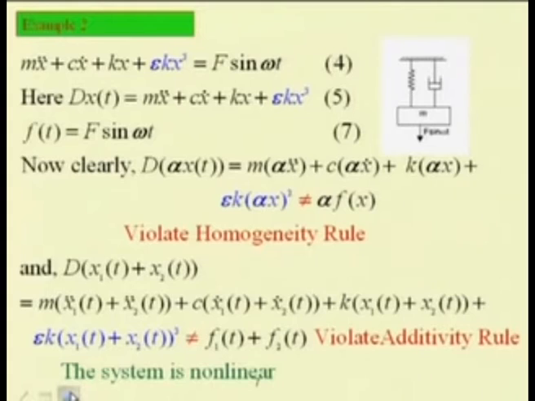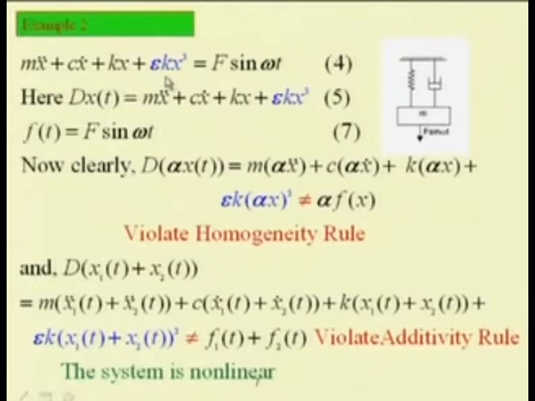For example, let us take the spring mass system. If I take a nonlinear spring, then the equation of motion can be written as m x double dot, the inertia force, plus c x dot, the damping force, plus k x, the spring force, and since the spring is nonlinear, I can add one extra term, epsilon k x cubed.